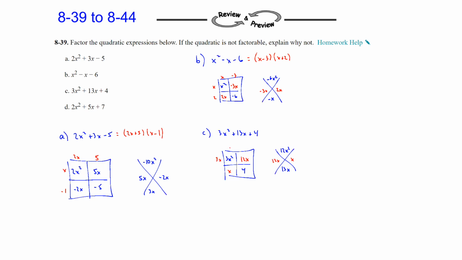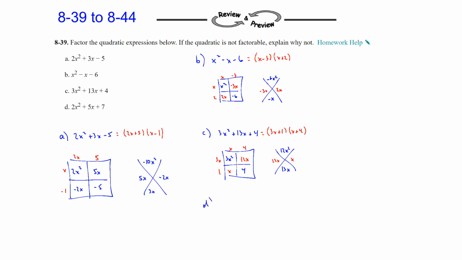We have a 3x and an x. Or no, that won't work. We're going to switch those around. Or no, that was right. My fault. 3x and x. There we go. And a 1. 3x times 4 would give you 12x, and then 4 and 1 give you 4. So 3x plus 1 and x plus 4.